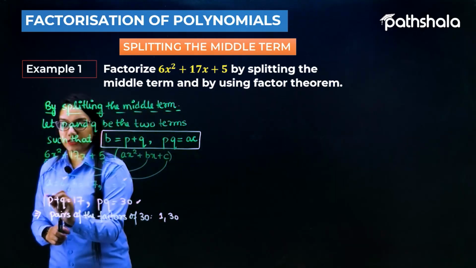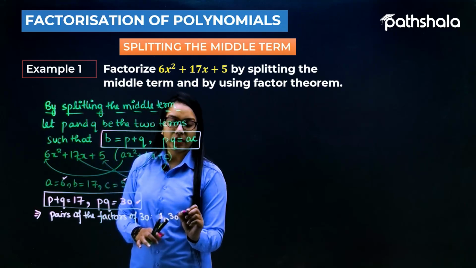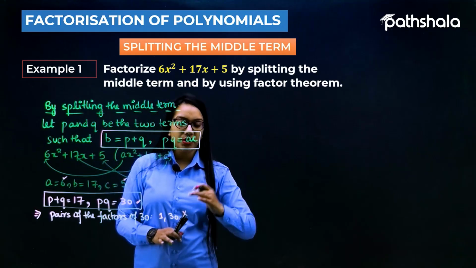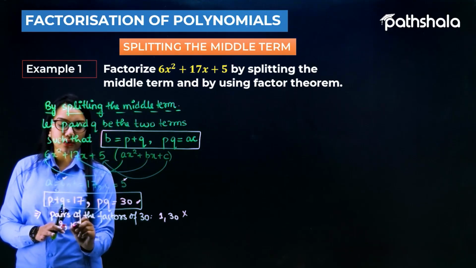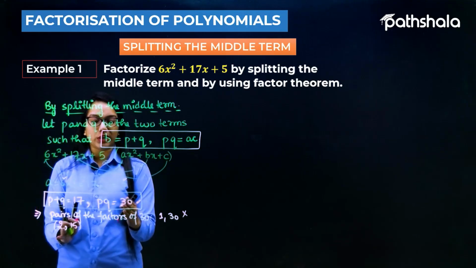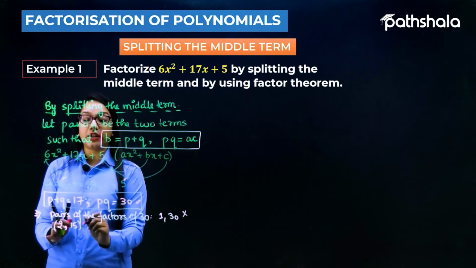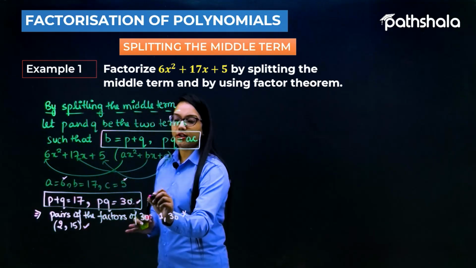It means that we cannot take the pair 1 and 30. So this pair is neglected. Let's look for another pair. Let us take 2 and 15. Obviously, 2 into 15 is equal to 30, and 2 plus 15 is equal to 17. So yes, this pair is satisfying this particular condition.